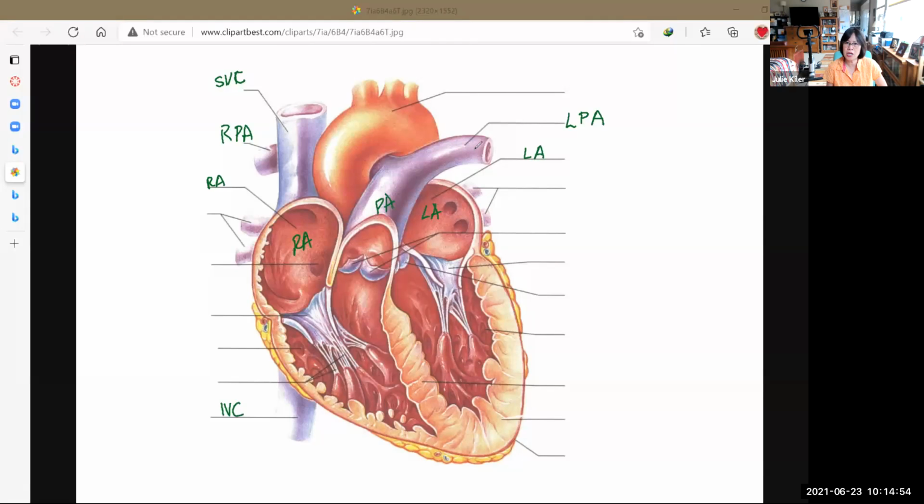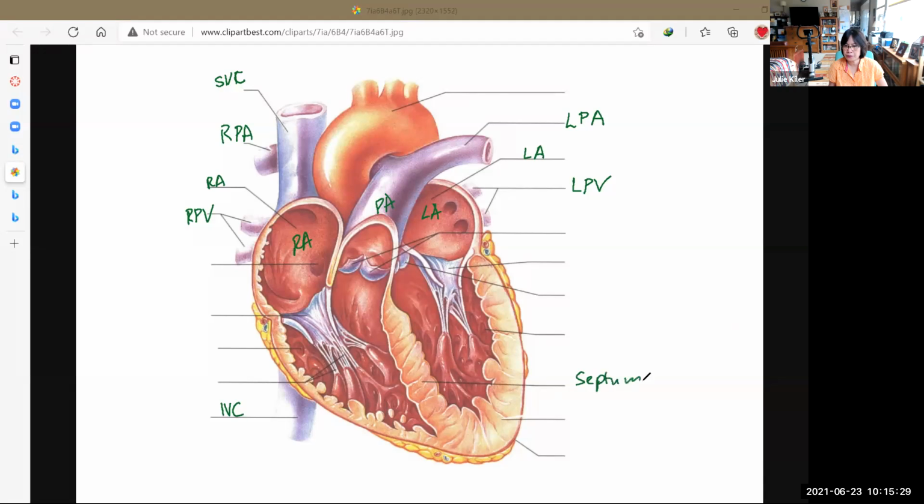If this is pulmonary artery, this is left pulmonary vein. Are we good? And then this is right pulmonary vein. So from the lungs, they go to the right pulmonary vein and left pulmonary vein, which is kind of behind here. Eventually, there are two holes here also, and they eventually get into the right atrium and left atrium. Are we good? Yeah, so this is the septum.